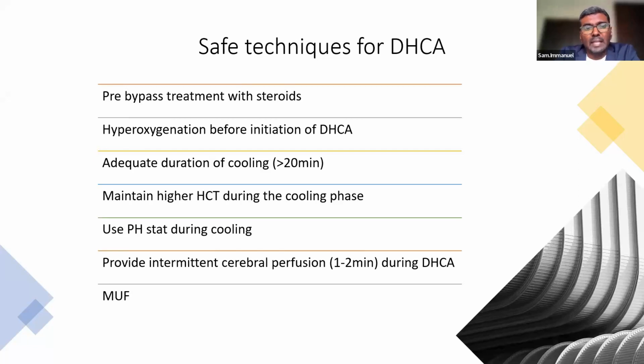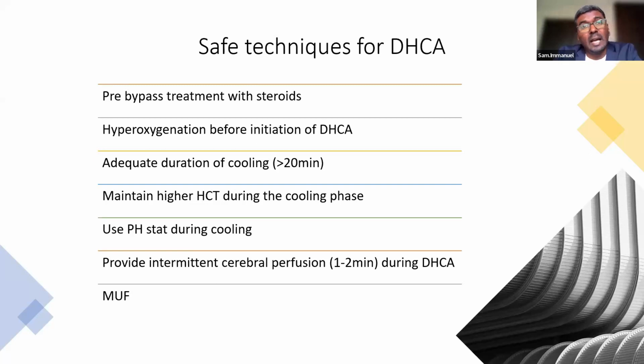Also make sure that you take time in cooling. Don't be in a hurry, and have a uniform, proper cooling by monitoring all the required data, and that will help you give better perfusion. Maintain a higher hematocrit during your cooling phase. Use pH stat, as I explained before, and as was also mentioned in the first talk.